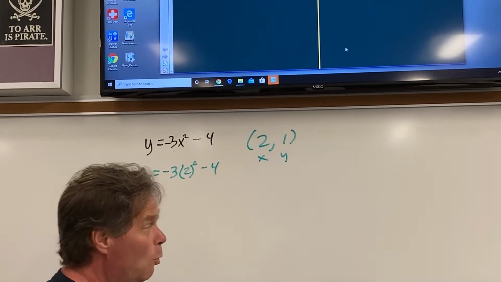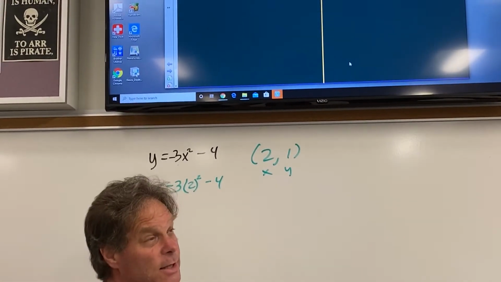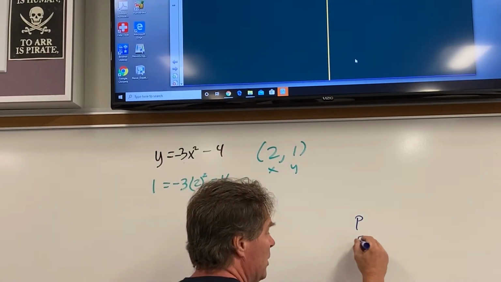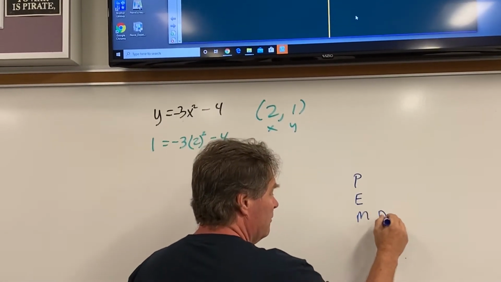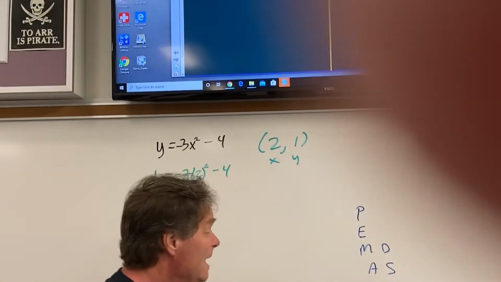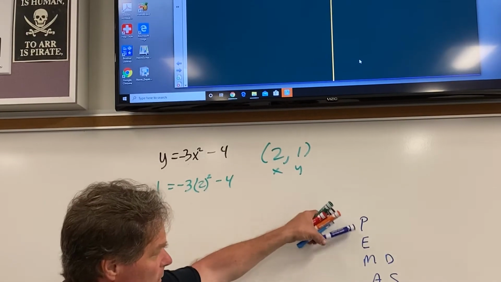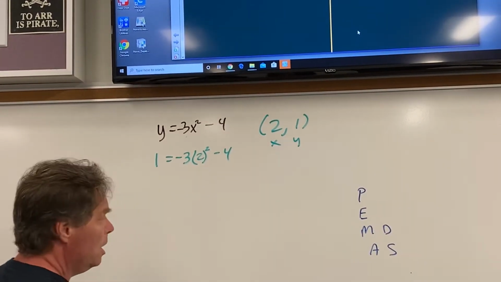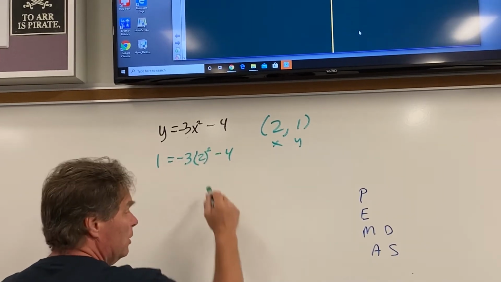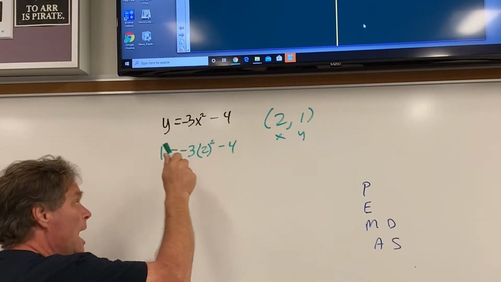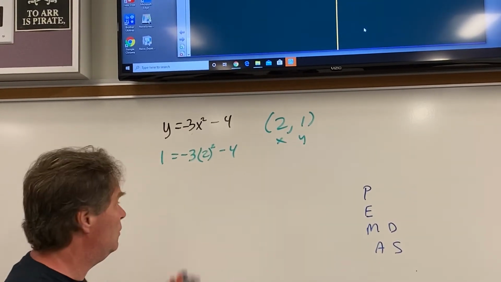How do we know? Well, there's the saying that everybody is familiar with, Please Excuse My Dear Aunt Sally. That tells you what order: parentheses, exponents, multiplication, division, addition, subtraction. So this is exponents, right? Exponents happens before multiplication. So you do not do -3 times 2 is -6 and square it.